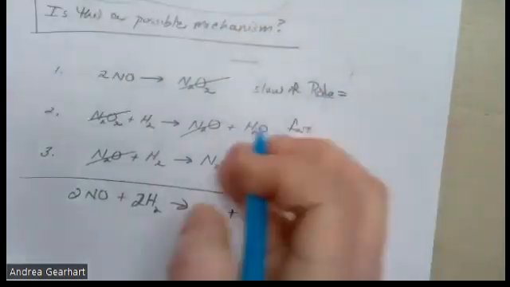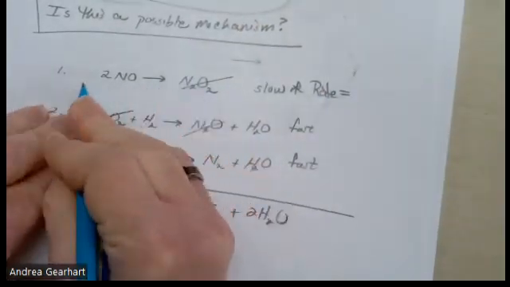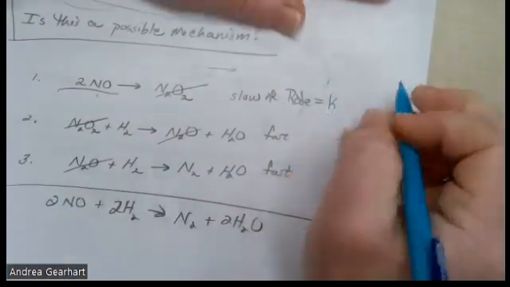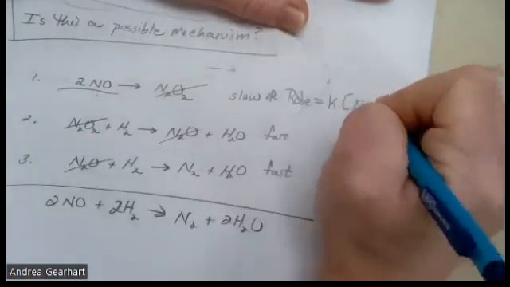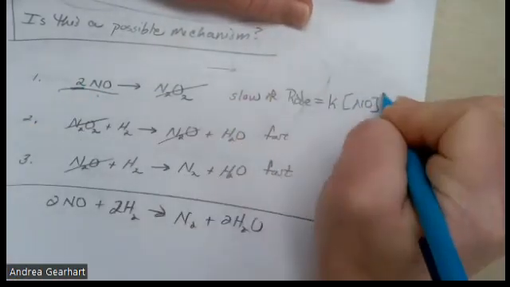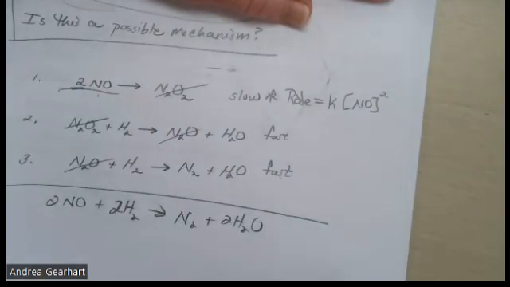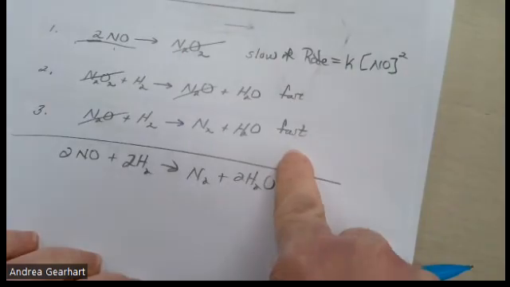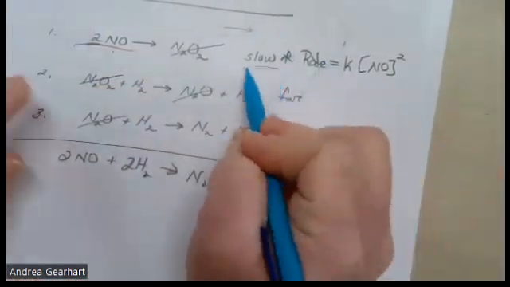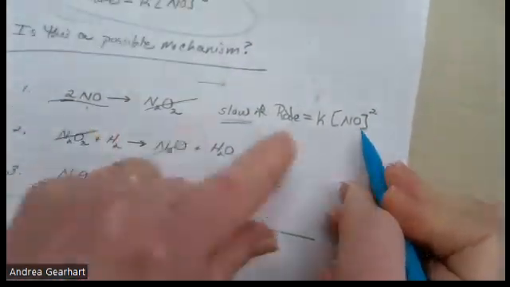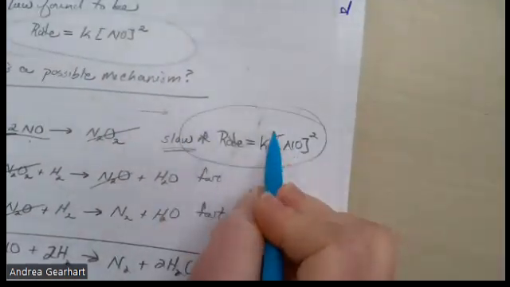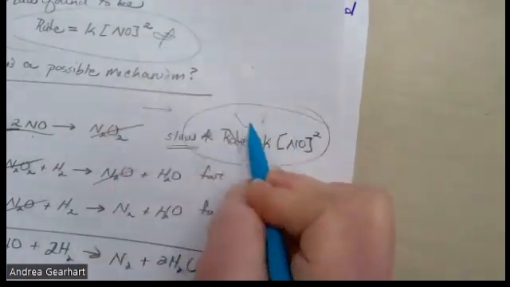We can get the rate law from the elementary step just from the molecularity. It's going to be some rate constant times the reactant raised to the power of the coefficient. I don't have any other species. I don't have to check the rate laws because my slow step doesn't contain any reaction intermediates. And take a look, this matches that.